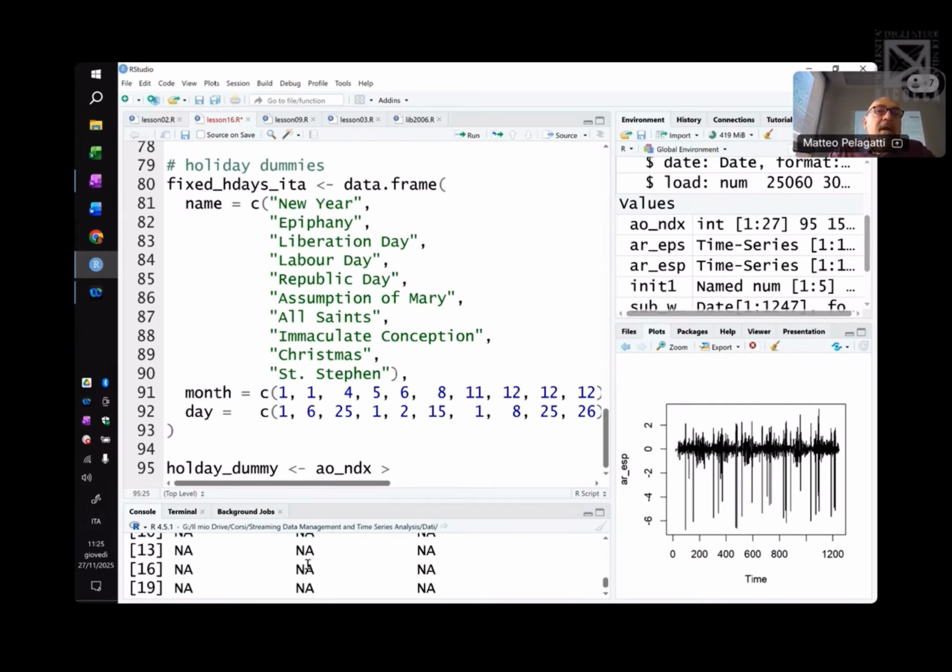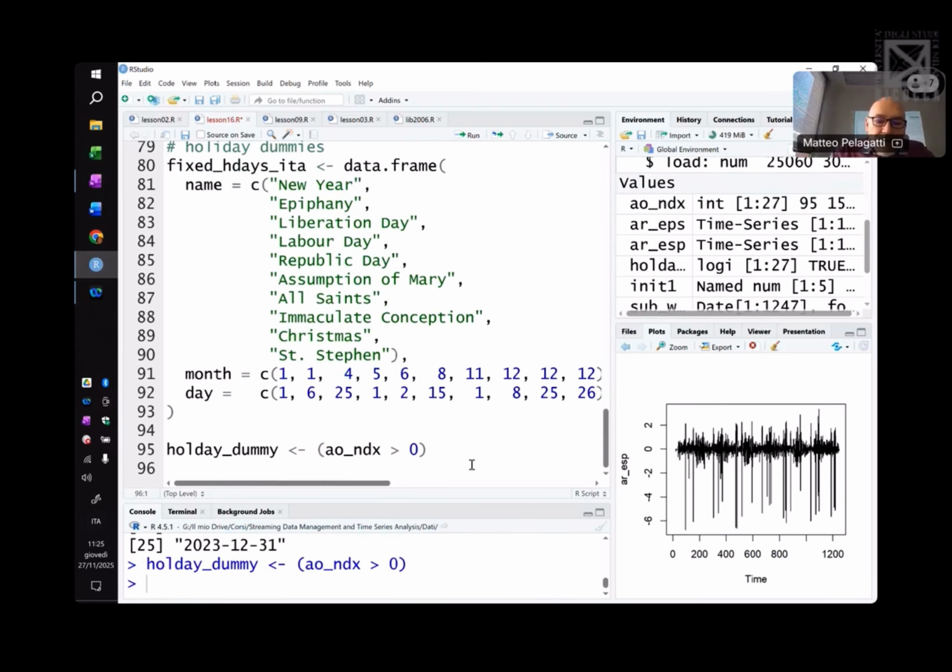Of course we have this initial NA which creates a problem, and that we wouldn't have defining the holidays, but let's just do something cheap from our point of view. Let's start with this and then just substitute the missing values with zeros, and let's just do this.